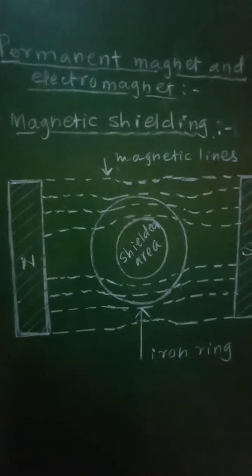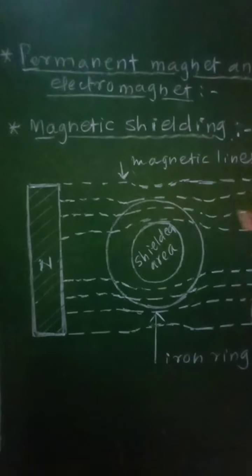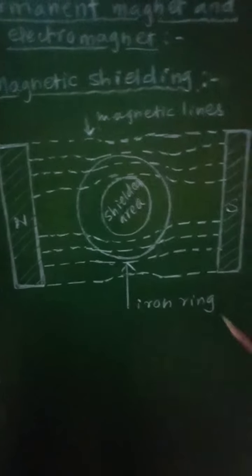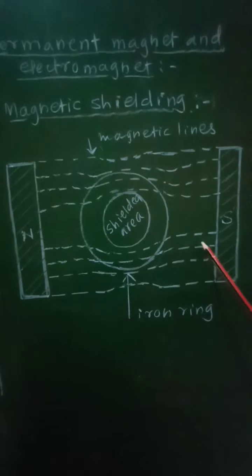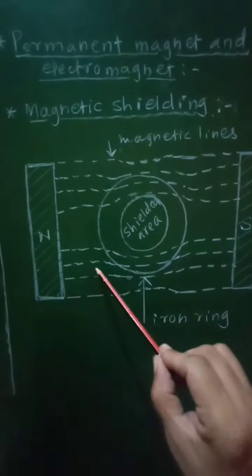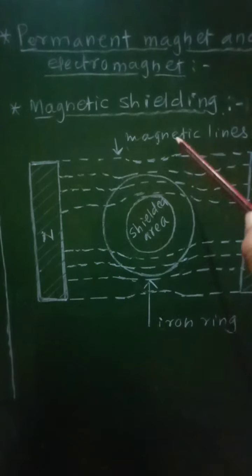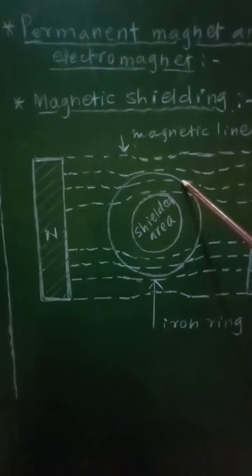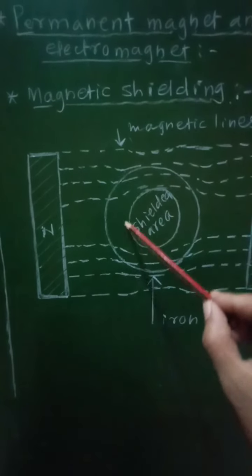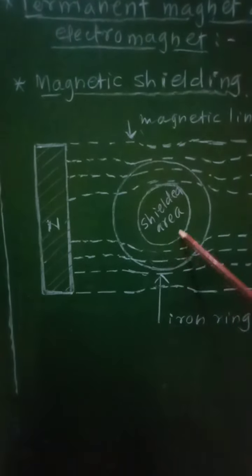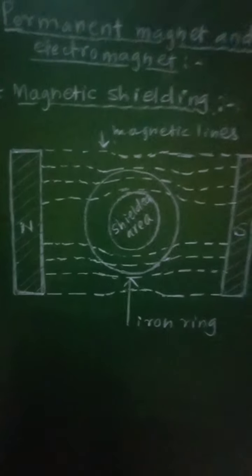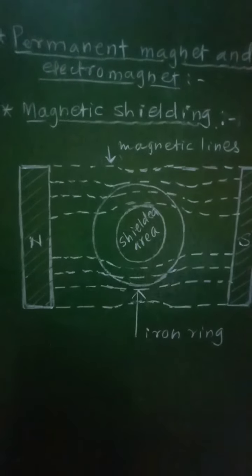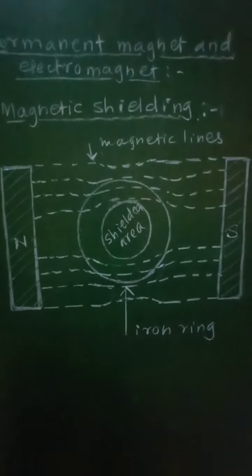Now let us see the next point, that is magnetic shielding. What is magnetic shielding? Here the two magnetic poles N and S are shown. These dotted lines represent the magnetic lines. Here there is an iron ring, and this area is the shielded area, that is, the area protected from the magnetic field.